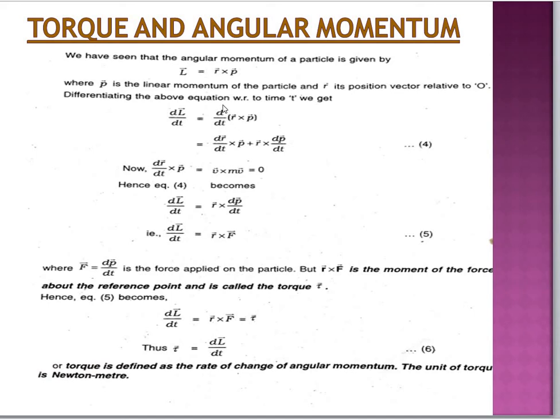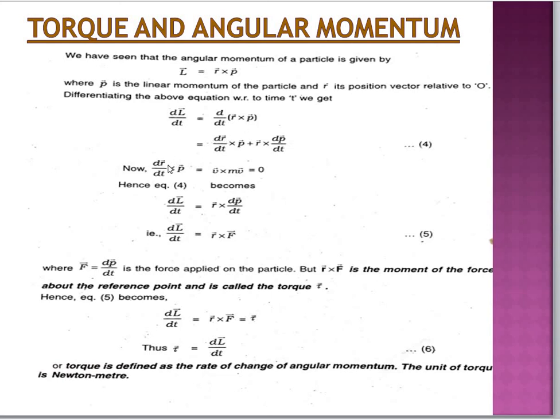When we differentiate this partially, first we differentiate r taking p as a constant, then we differentiate p with respect to t making r a constant. So you will get dr by dt cross p plus r cross dp by dt.